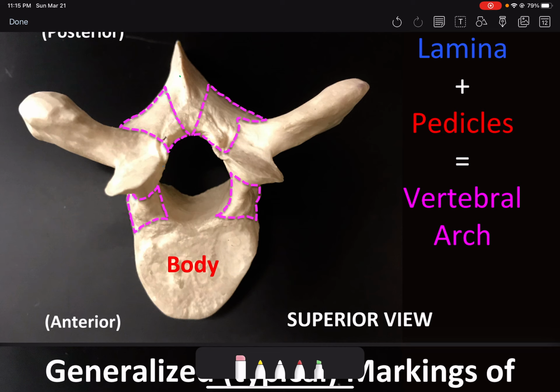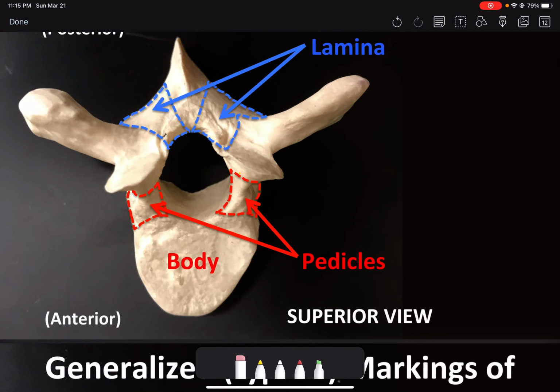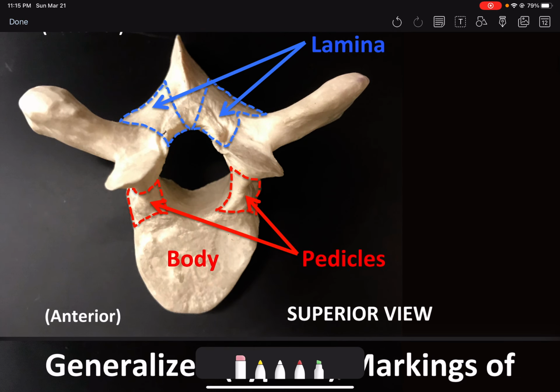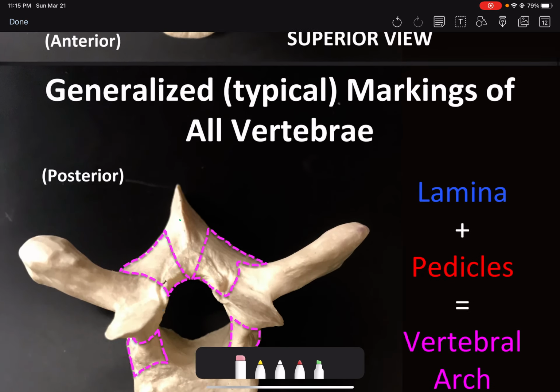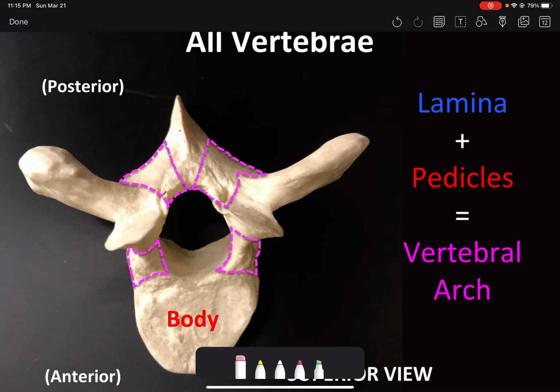So as you can see, I have now both the lamina and the pedicles colored in purple, right? Because originally I had the pedicles in red and the lamina in blue, and everybody knows that when you mix red and blue, you get purple, all right? So to show you that a combined bony landmark, that is both the pedicles and the lamina combined together, is known as the vertebral arch.